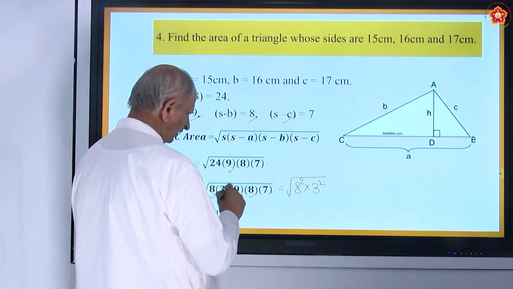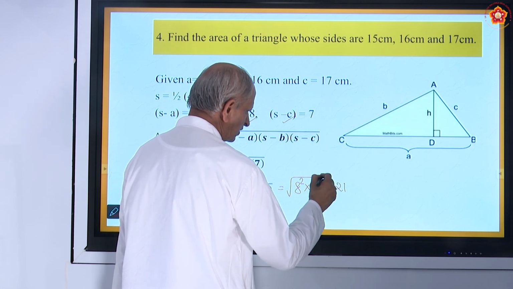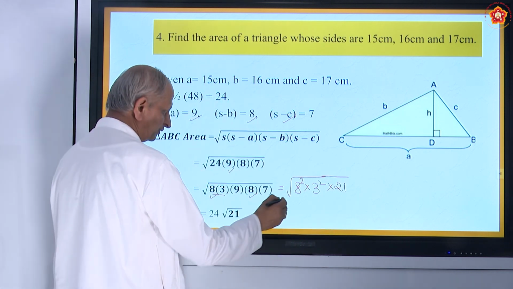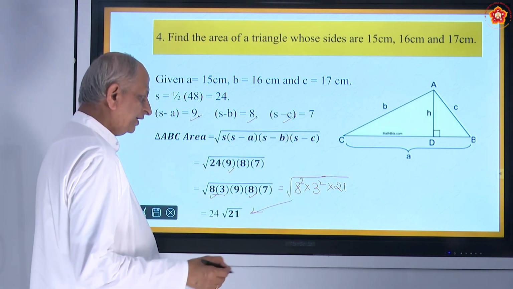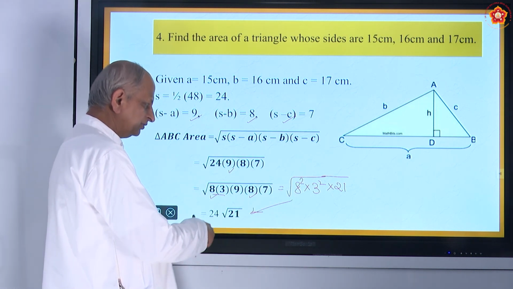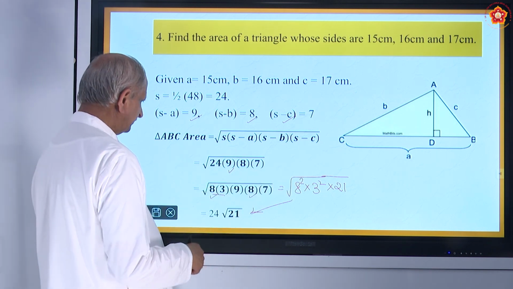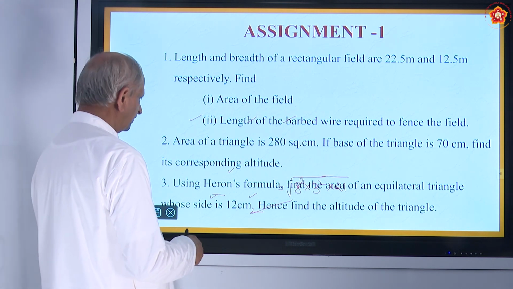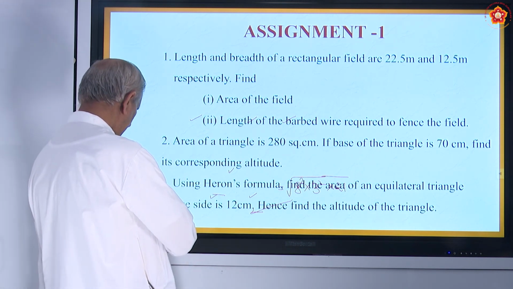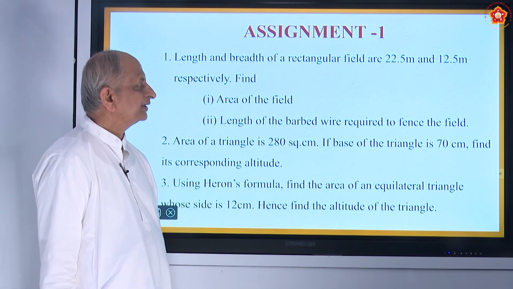Here is 1 3, here is 1 7, into 21. That is how you got it. When you take root of 8 square and root of 3 square, 24 will come out, and inside you have 21. So the answer is 24 root 21. That becomes the answer.